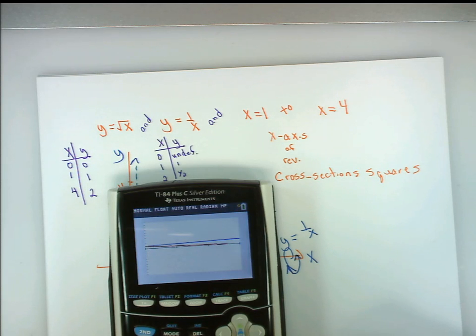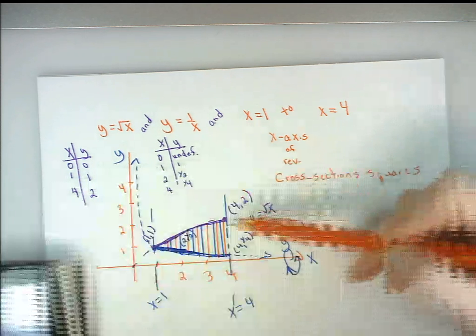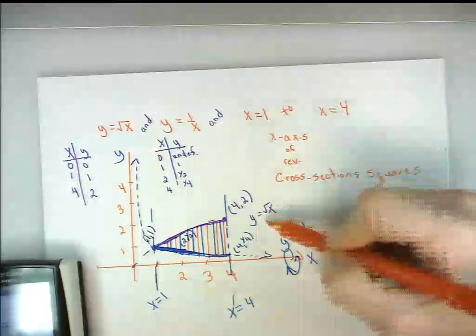The one here, purple here, is the square root of x.